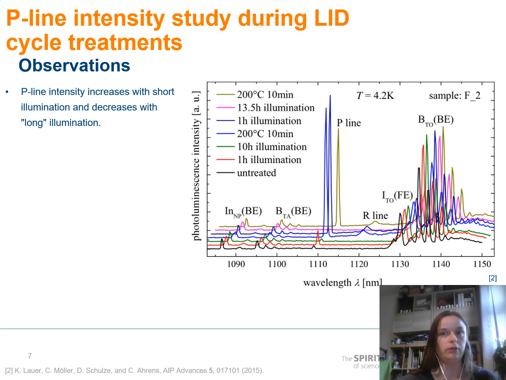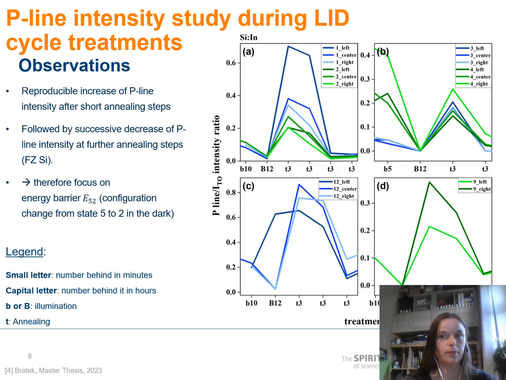The first observation we made during the illumination treatments. Here, the P-line intensity increases with short illumination and decreases with long illumination steps. The next observation we are able to make after the annealing processes.